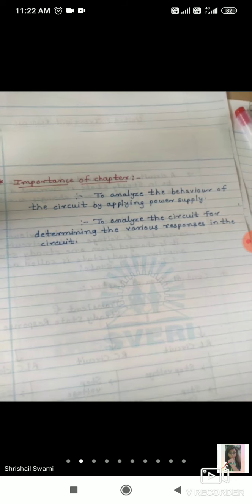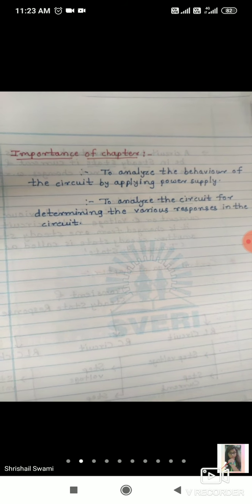The response may be the current, the voltage across any element, or the current passing through any element. To understand and analyze that, we use the transient response and steady state response. So this is the importance of the chapter.